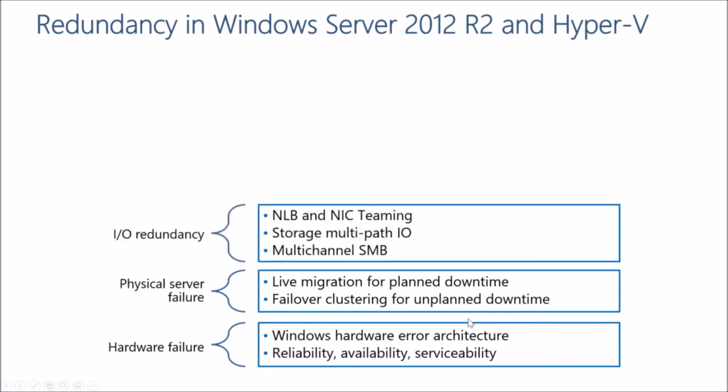All right. What about I/O redundancy? Just because the virtual machines are running and Hyper-V is running, if the network cable is unplugged from the Hyper-V server that connects you to the actual production network, then the clients will not be able to access those services anyway.